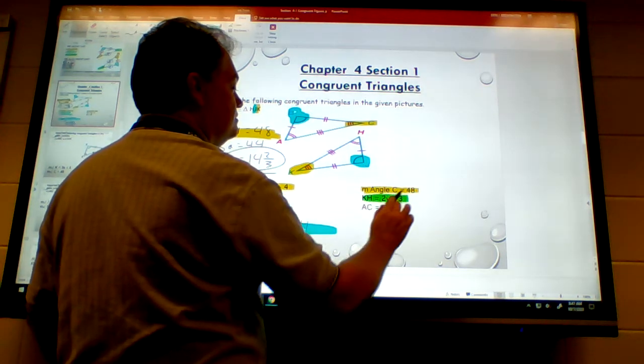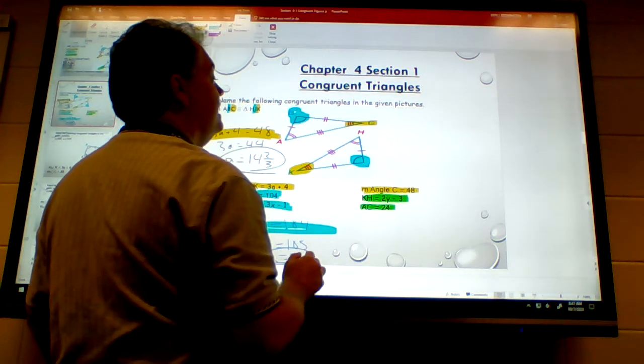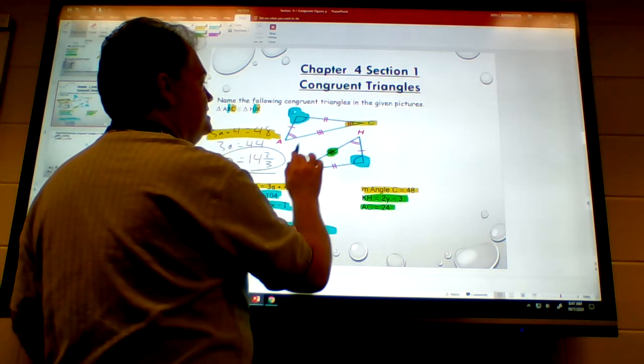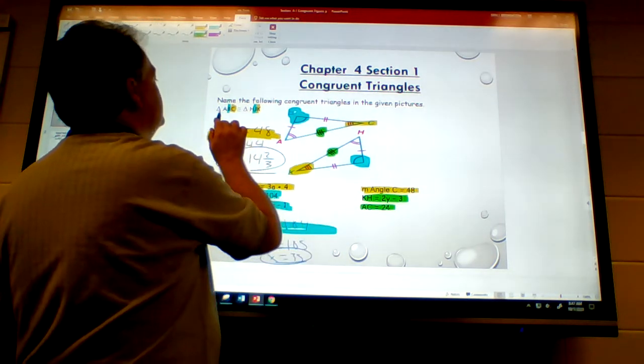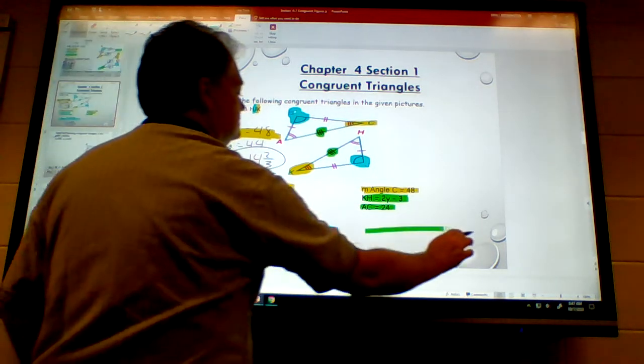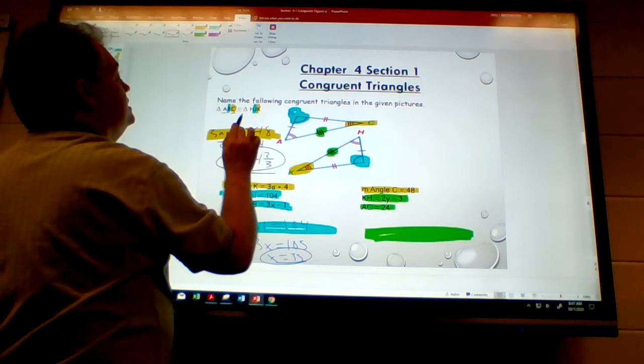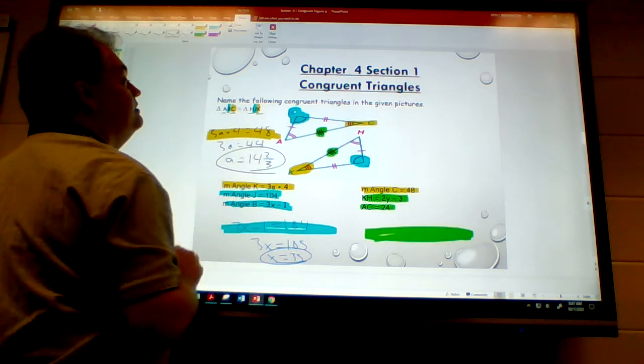which is right here and right there. KH, three dashes, AC, 3 dashes. And you can also see here, AC, first third, HK, first third.